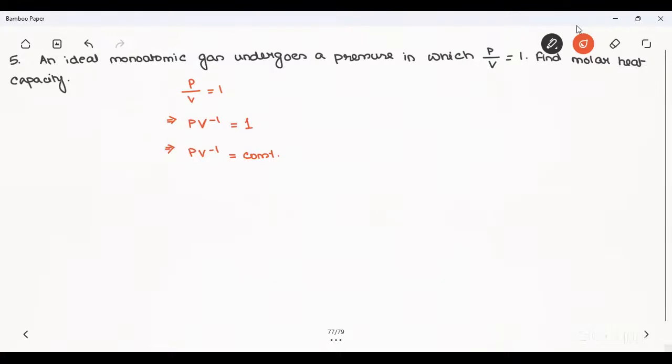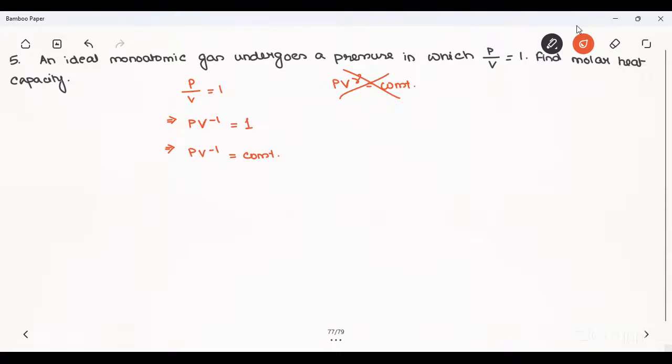Yes, ma'am. Now, if you start solving the question like P V to the power gamma is equal to constant, you will be wrong. Why did I say you will be wrong?